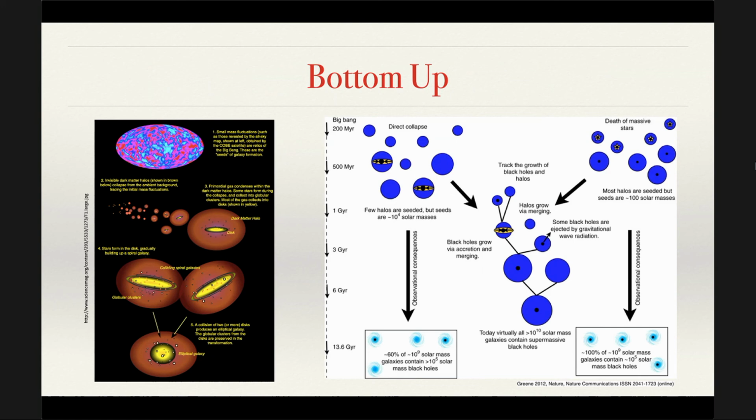And so that process happened over a long period of time, and so we end up with all of these merging black holes. That should leave a signature of gravitational waves that we should be able to detect right now. And those detections will allow us to say something very important about the conditions in the early universe and the nature of the galaxies that were forming at that time.